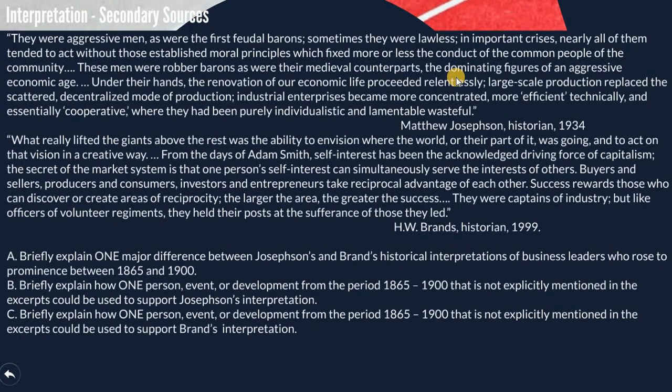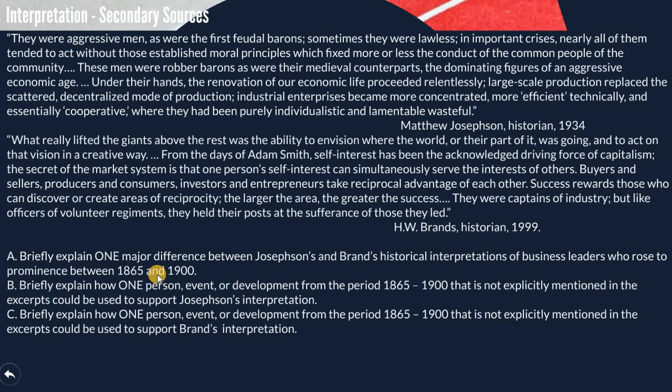Here we have an interpretation of secondary sources, and this one we have 2 historians, Matthew Josephson and H.W. Brands, both talking about a similar topic, right? And in this case, if you read the first prompt, A, it's asking about their interpretations of business leaders who rose to prominence in era 6, which is the Gilded Age.